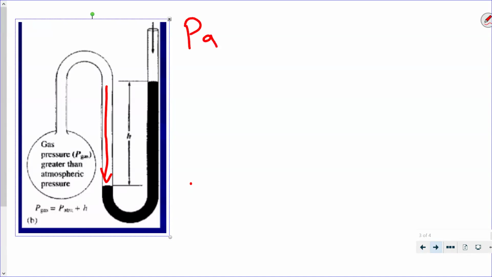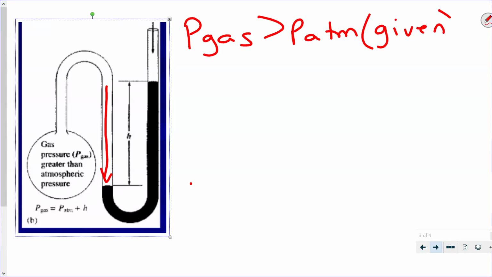So pressure of the gas is greater than pressure of the atmosphere. The good thing about these kind of questions, normally this is given. So you just need to figure out what value is greater than the pressure of the atmosphere. To do that, you'll need the height, okay? And that's how we work these problems out.